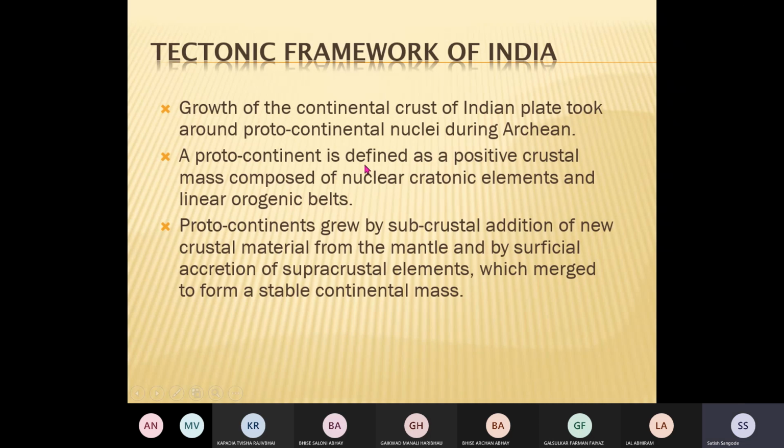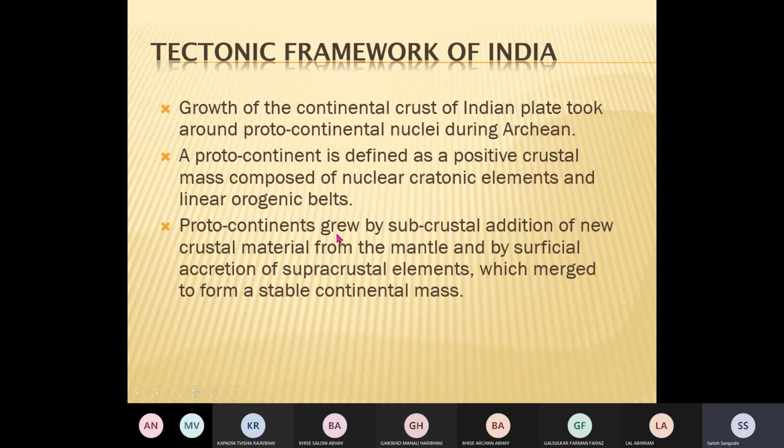And the nuclear regions also, nucleus of that particular craton, they also remained intact. They did not fragment. Rather, the cratons with these nuclei accreted, they joined together to form the bigger continent.